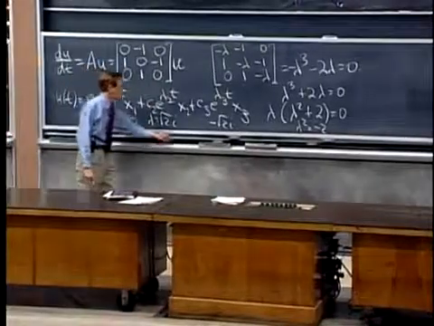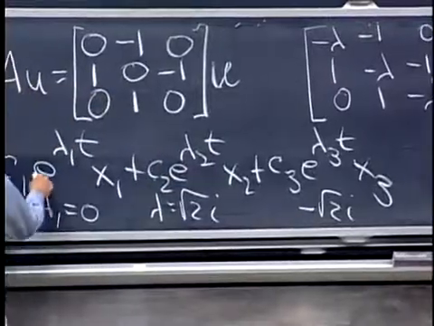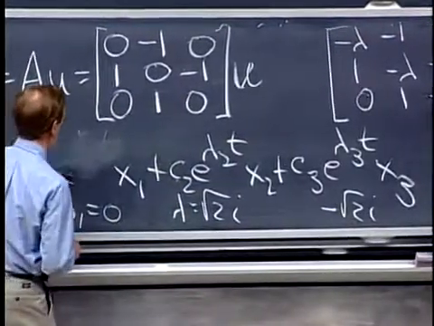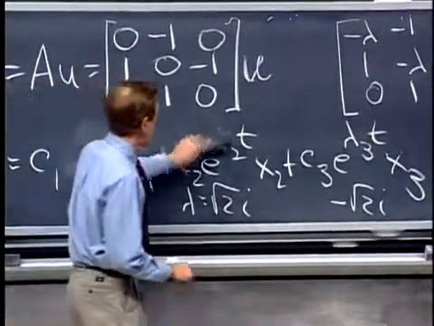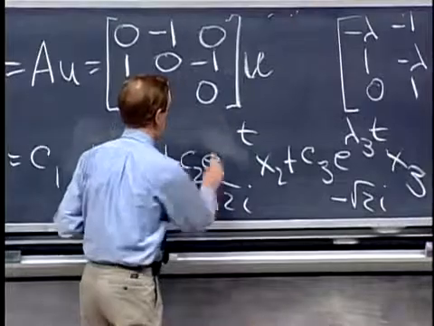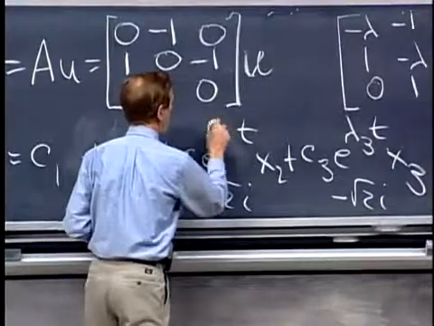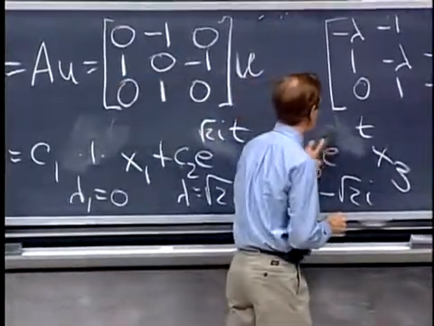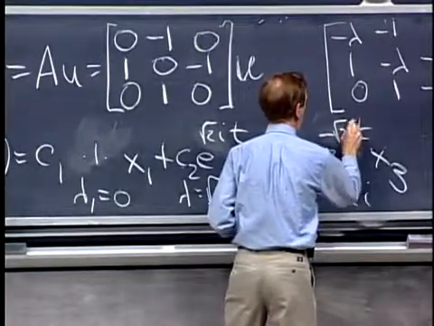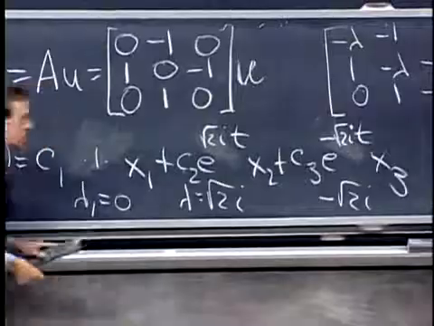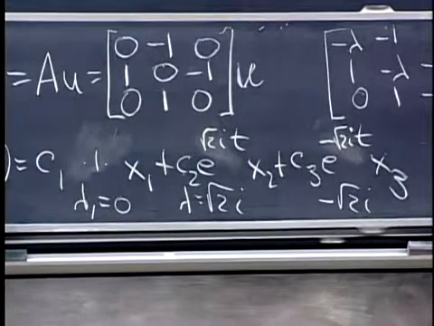So now I know what those are, I'll put those in now. e to the 0t is just a 1. This is e to the square root of 2 i t, and this is e to the minus square root of 2 i t.